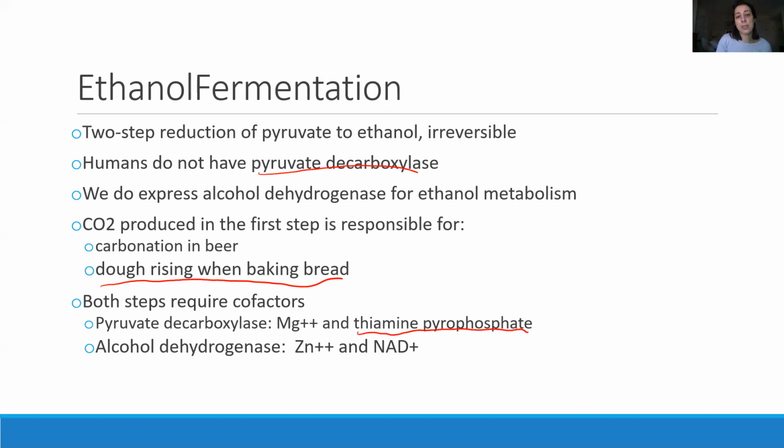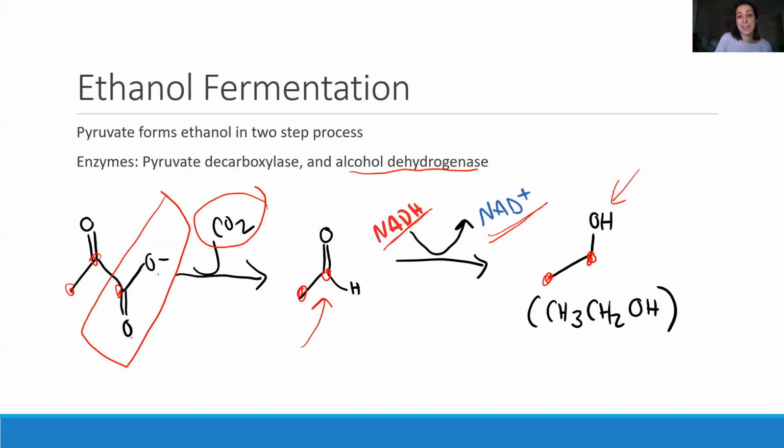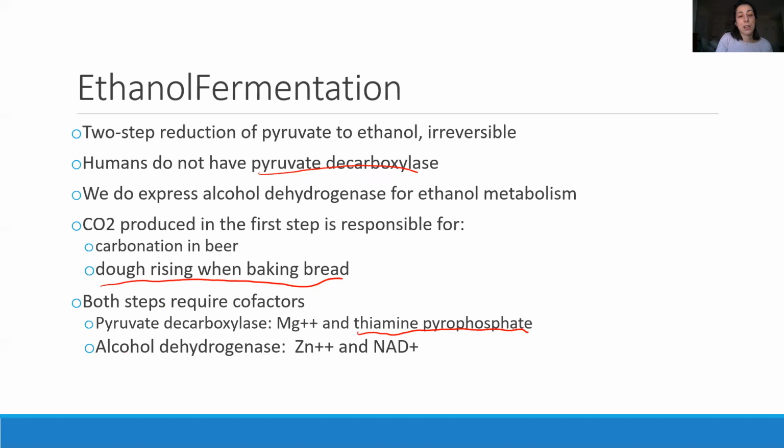And alcohol dehydrogenase actually utilizes, of course, NAD+ because it is making that NAD+ from NADH. And also zinc. So zinc is an important cofactor in alcohol dehydrogenase.